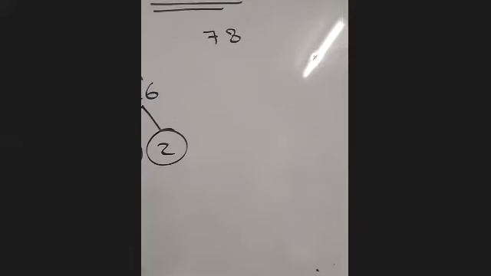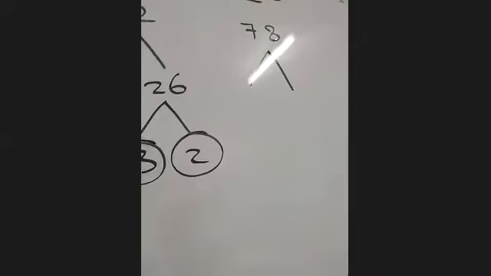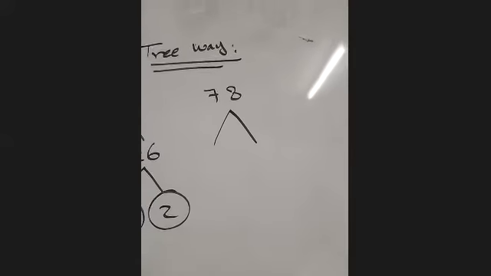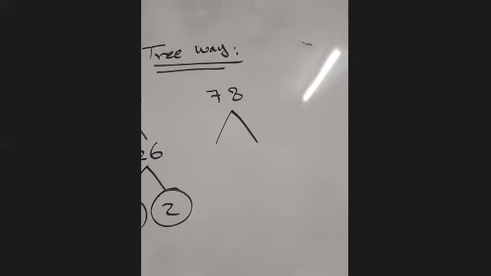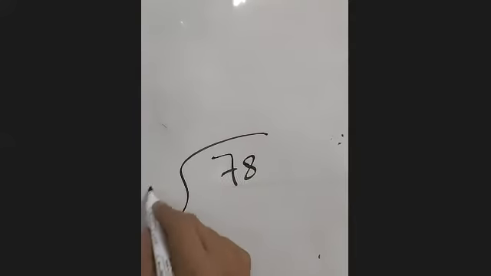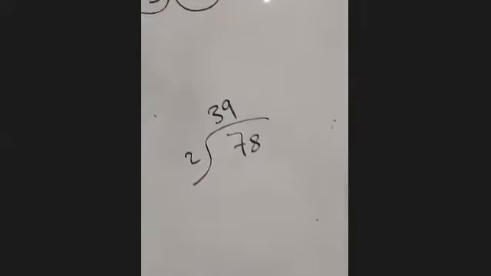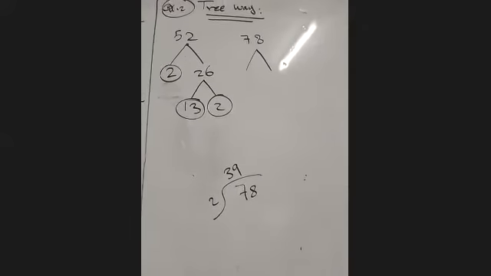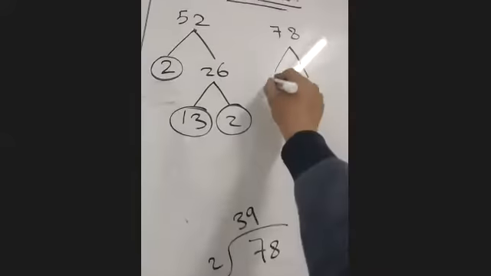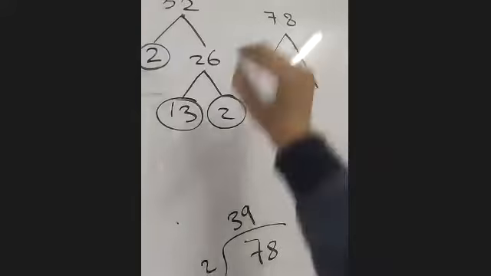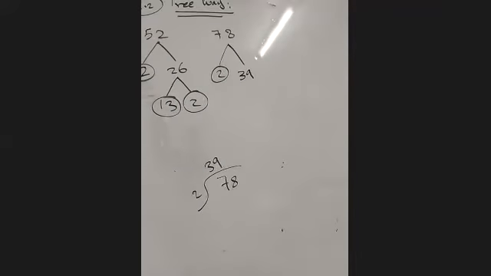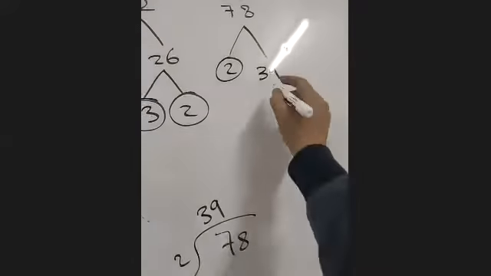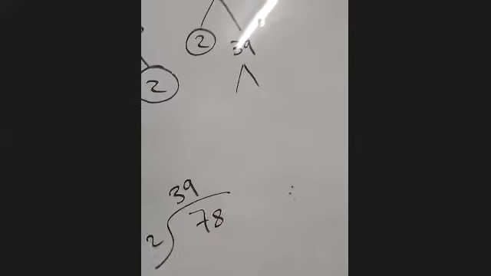Let's do the same for the 78. Is 78 odd or even? Even. Divide by 2 to make it smaller. It will be 39. What are the two numbers that multiply to 78? 39 multiplied by 2. Good. The 2, we stop, right? Yes. How about the 39? Do you know or you don't know?